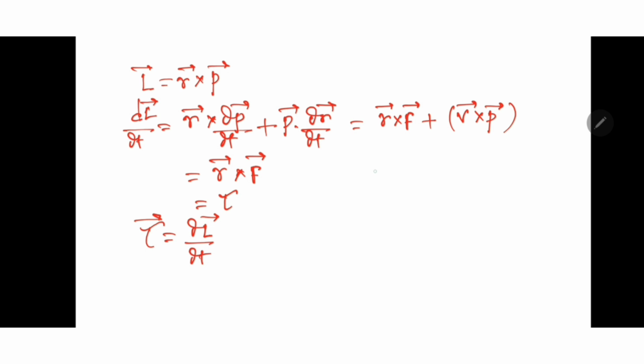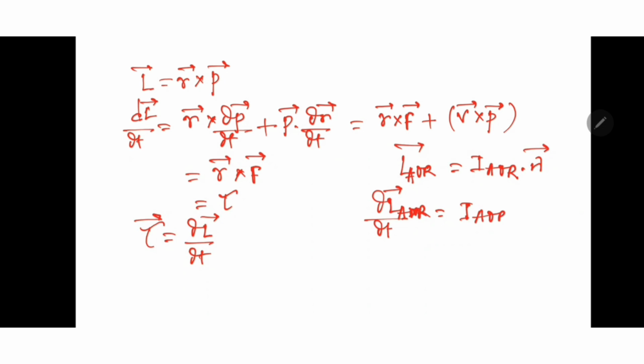Now, for an object rotating about this axis, angular momentum about the axis of rotation equals moment of inertia about the axis of rotation into omega vector. So dL/dt equals moment of inertia, which is constant, into d omega/dt, that equals I of AOR into alpha.